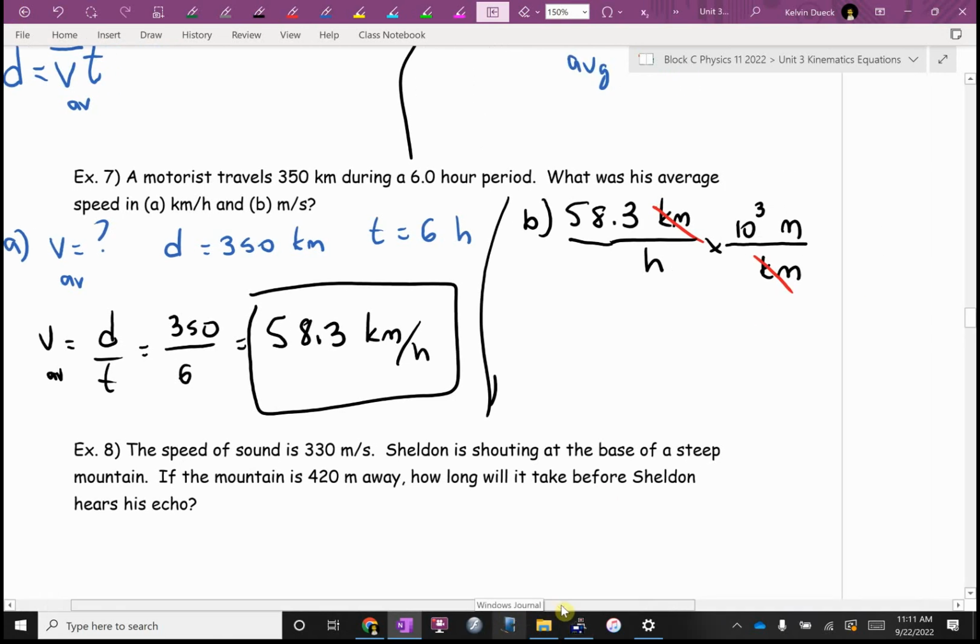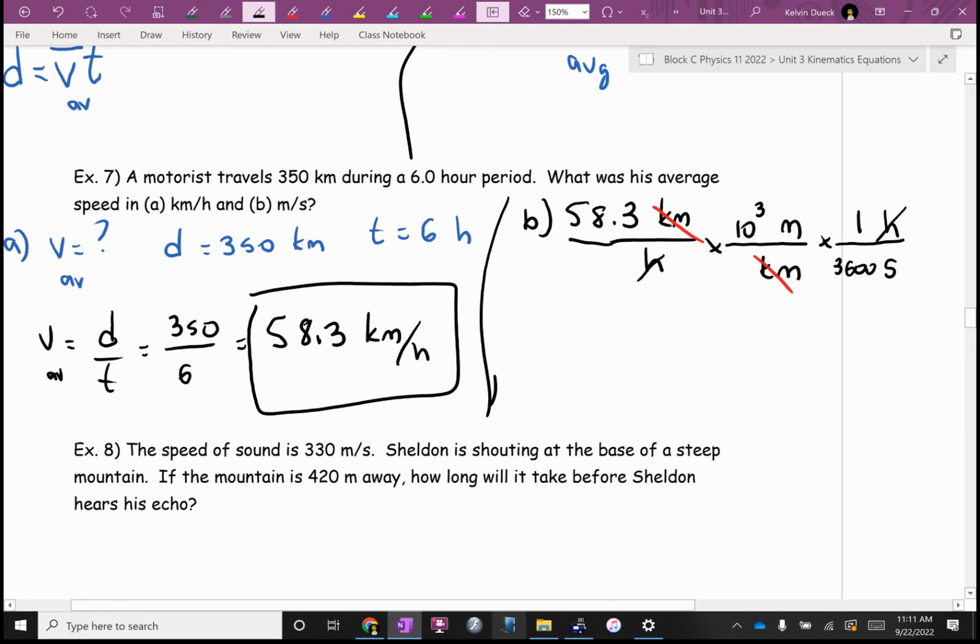I want meters per second. Do you happen to remember how many seconds are in 1 hour? Since someone remembered, we can do that as a shortcut. So hours, because it was on the bottom, goes on the top. Seconds on the bottom. 1 hour is 3,600 seconds.